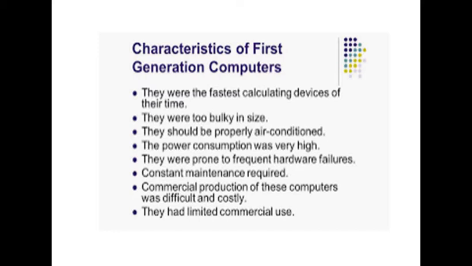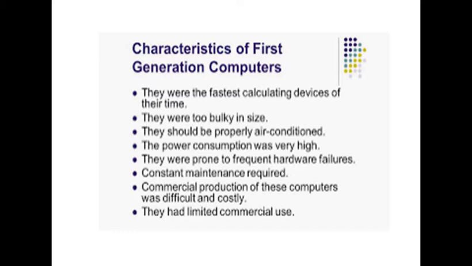As the size of the machine was very big, so much power was consumed. The electricity bill was very high at that time when this computer was used. Also they were prone to frequent hardware failures, meaning there were chances that the hardware may crash.